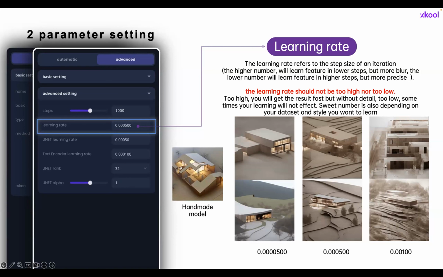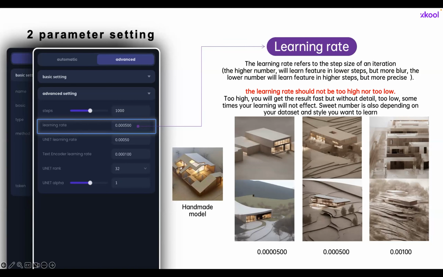But if your number is 0.0005 in the left part, you will see it learning some of the features of the physical model, but still in a realistic environment. That means it is not learning enough. So we have to increase the number to 0.0005 in the middle one. That will generate the perfect results we want.